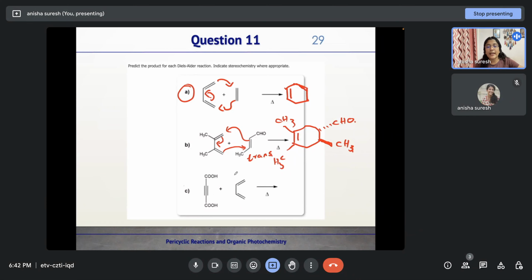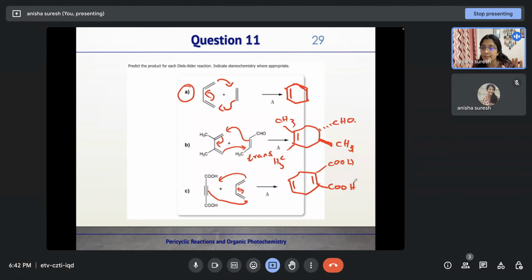And now we are having this as the dienophile and this as the diene. So it will react in this fashion, leading to formation of this product.